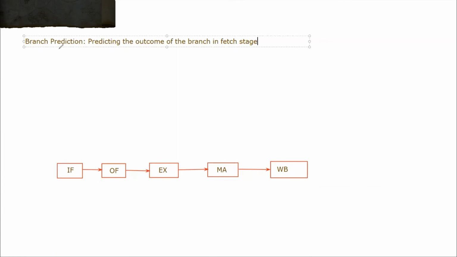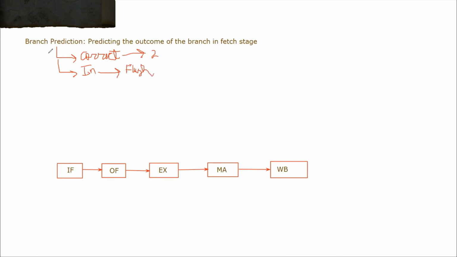However, if my branch prediction is correct, if I have correctly predicted the branch, then I will save how many cycles? 2 cycles. However, if the prediction is incorrect, then that means I will have to flush the pipeline.